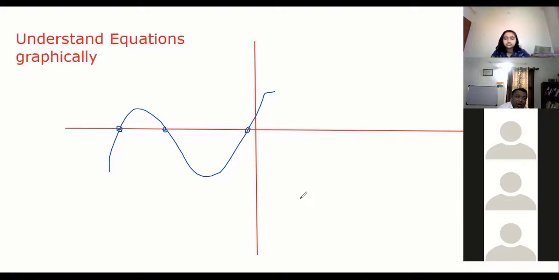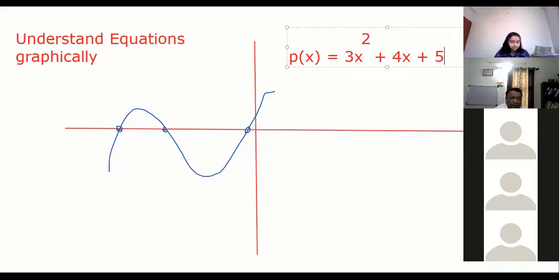Yes. Because the polynomial I am writing here is in terms of x. Like 3x square plus 4x plus 5. तो हमारा x का बन रहा है, y पे लिखोगे तो y पे कट होगा, पर take any one of them.